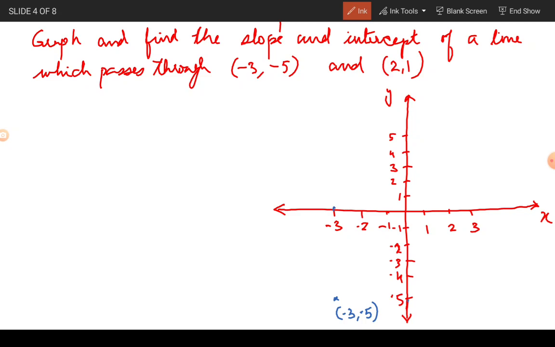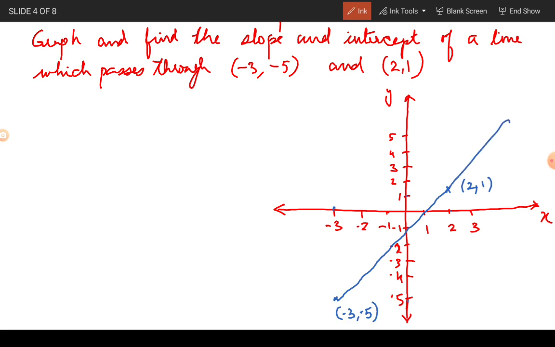That will give you the most accurate results. Your second point is (2, 1). So on the x axis I have 2 and on the y axis 1, so the intersection will be here, (2, 1). Approximately this would be the function.